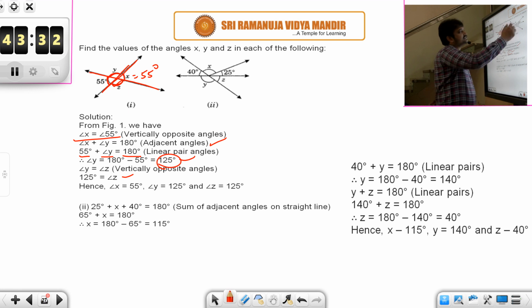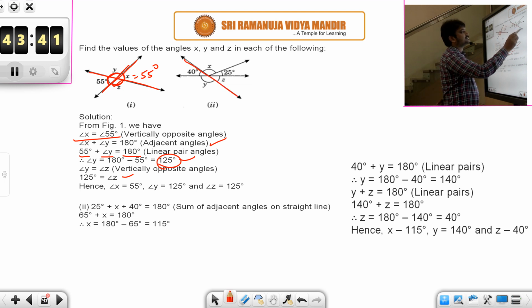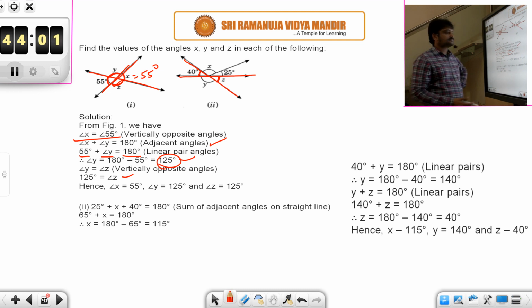Okay. Now look at the second one. In the second one, students, see, these two are the lines, right? So you can clearly see that this 40 degrees and z are vertically opposite angles. So hence z will be equal to 40 degrees. Okay. Z is 40 degrees.